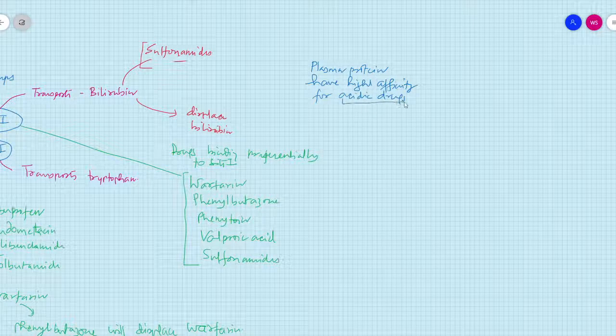So what are the examples of acidic drugs? Warfarin, NSAIDs, penicillin, sulfonamides, and salicylic acid.